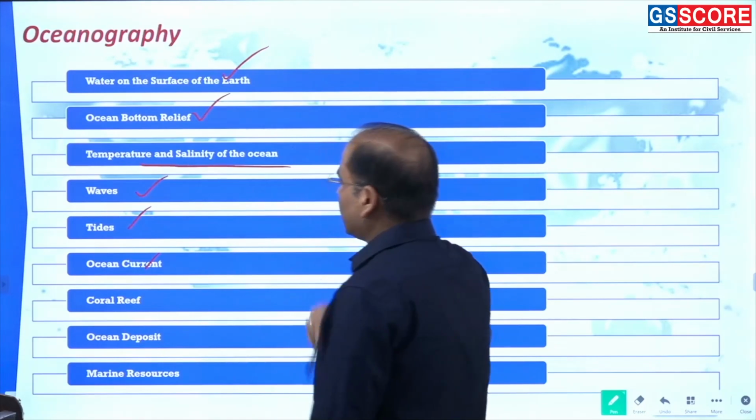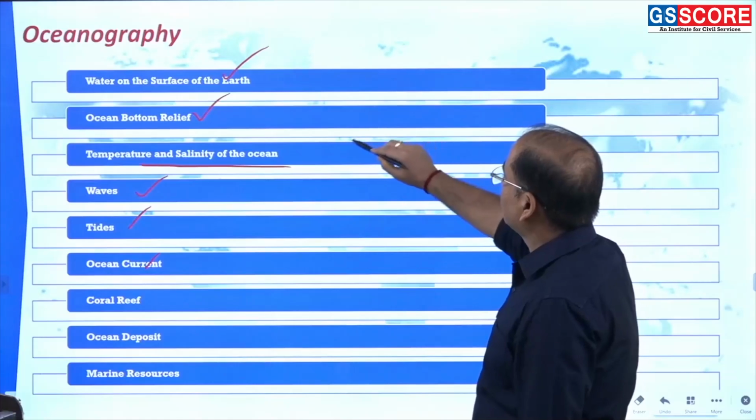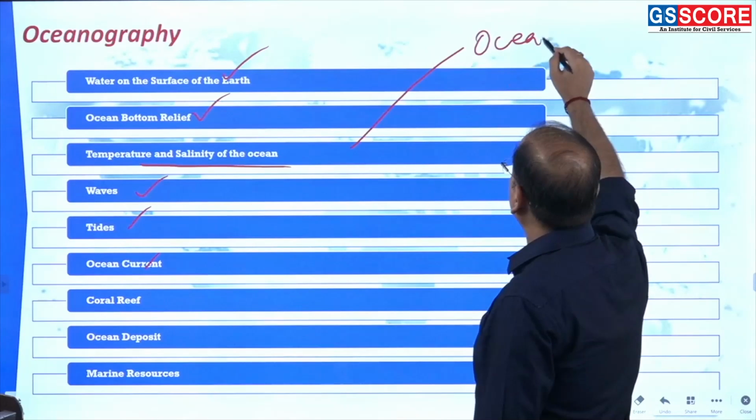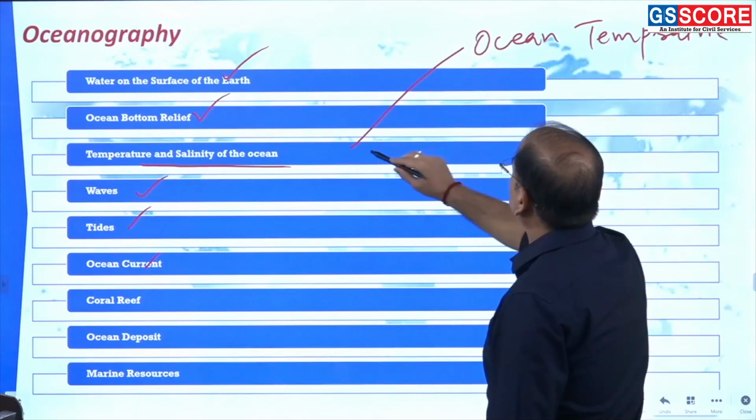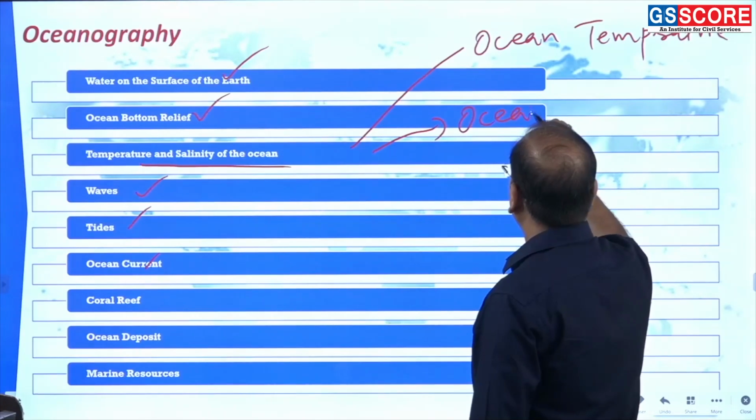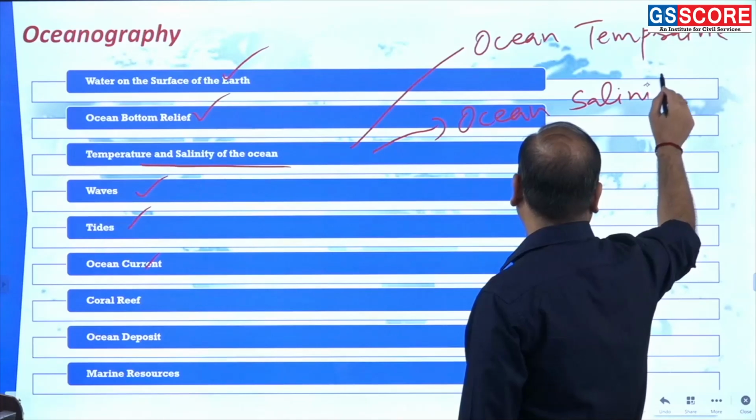Then the physical characteristics of the ocean, and in the physical characteristics of the ocean we have ocean water temperature and ocean water salinity.